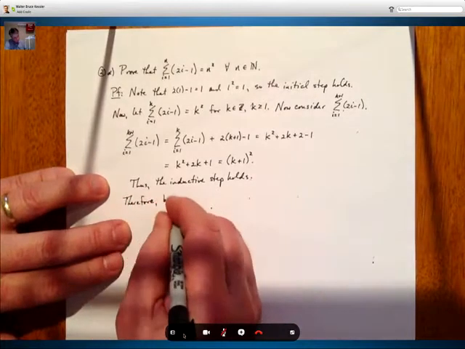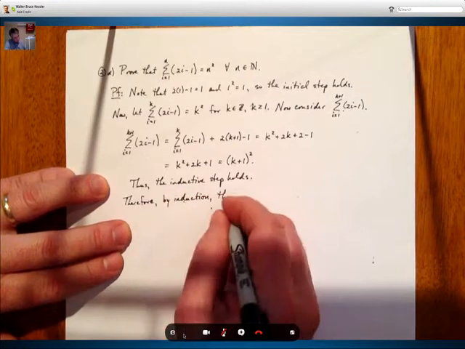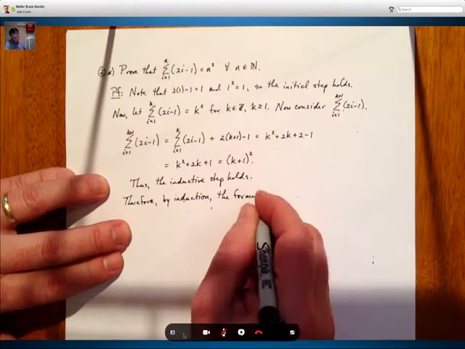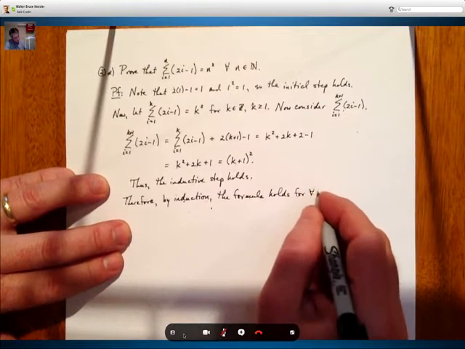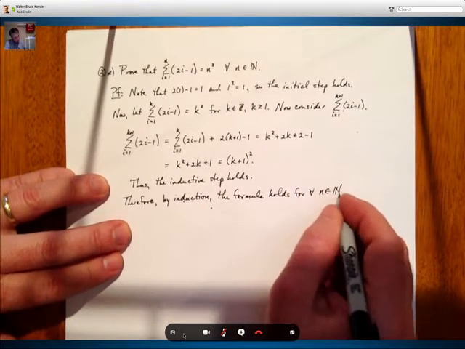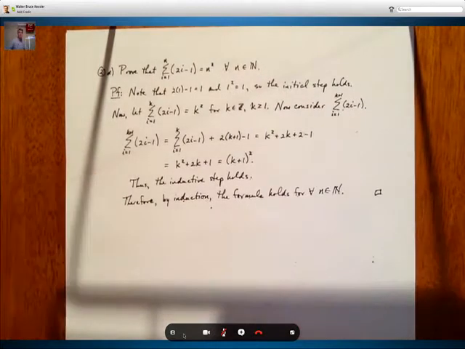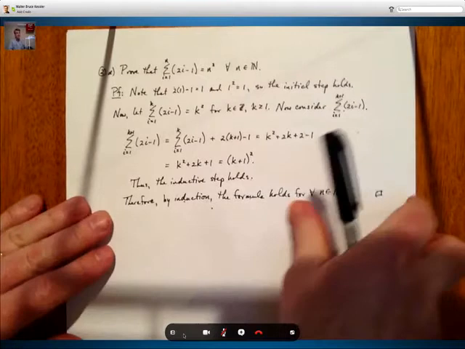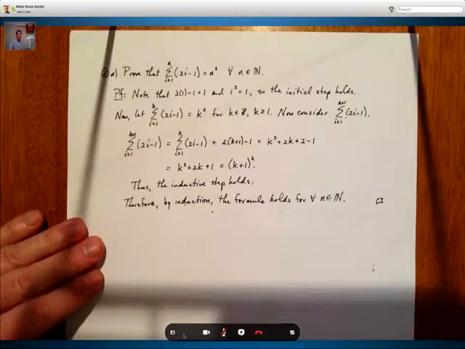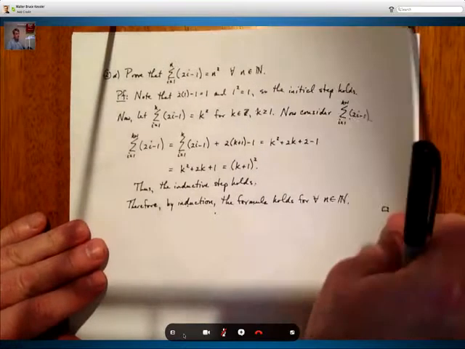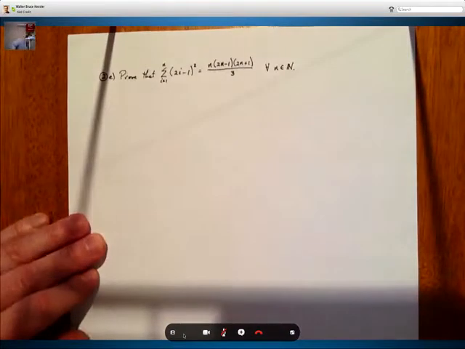Therefore, by induction, the formula holds for all natural number n. Okay? There we go. Okay, that wasn't very hard to prove. Now we could have, like I said, proved that directly. Okay? But it was a good demonstration of how we would do an inductive proof.